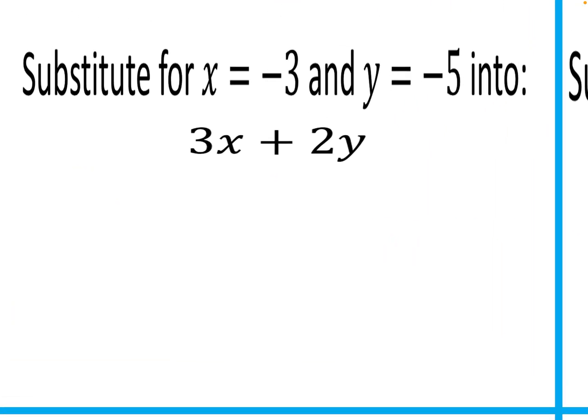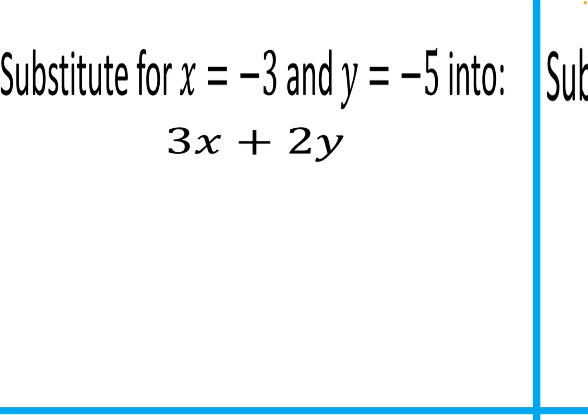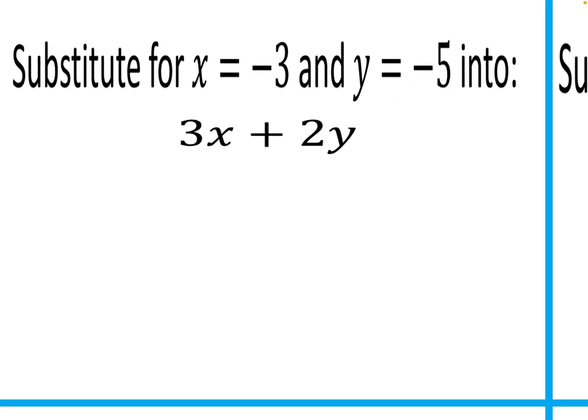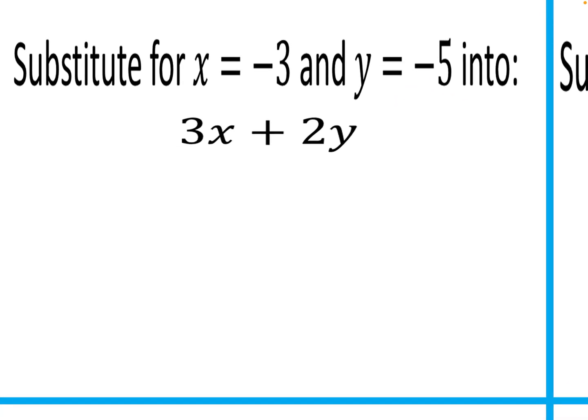So first of all, we're asked to substitute in x is equal to -3 and y is equal to -5. So what I'm going to do is, where the letters are, I'm going to put brackets. So I had 3 brackets, and what was x?